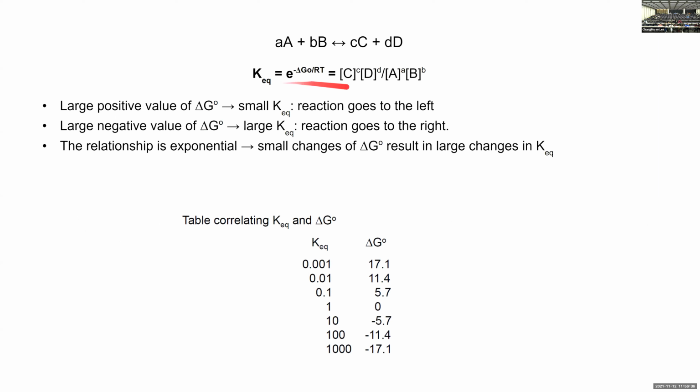We already talked about this, but in the table, just a small change in delta G naught, like 5 or 6, will lead to about a 10 times difference in KEQ.